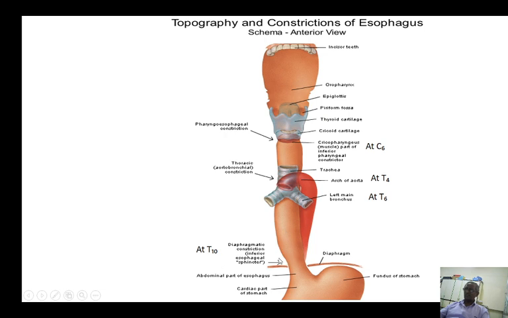Then at the level of the 9th thoracic vertebra, it crosses anteriorly over the aorta and goes towards the left side, and at the 10th thoracic vertebra it enters the abdomen through the diaphragm, to the left of the descending aorta.